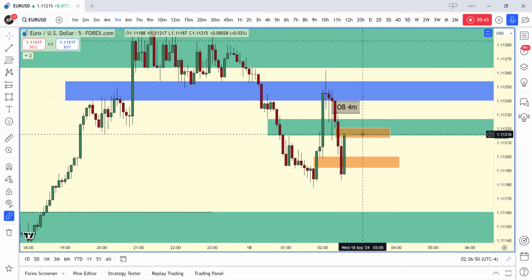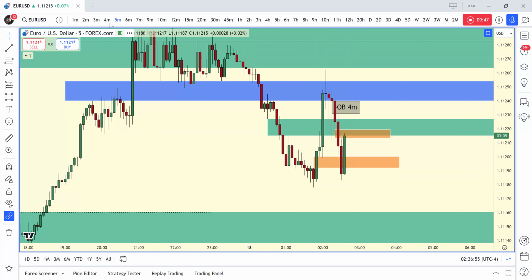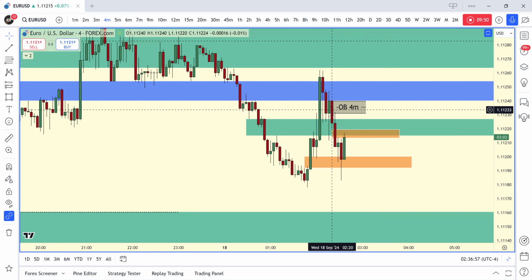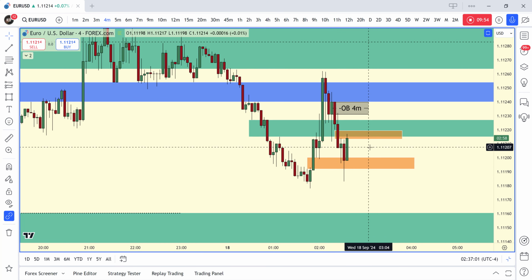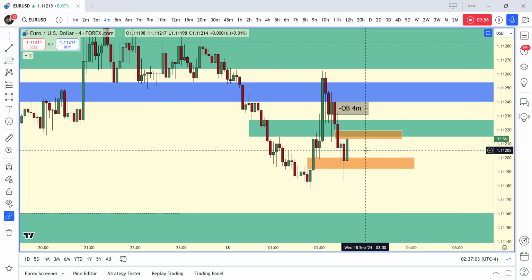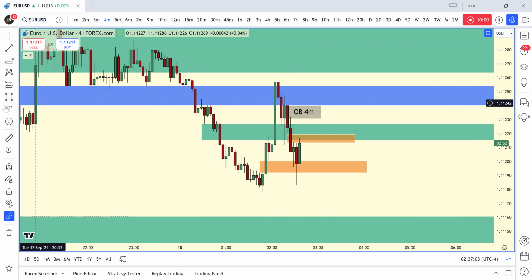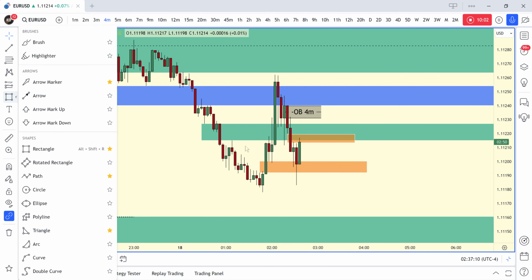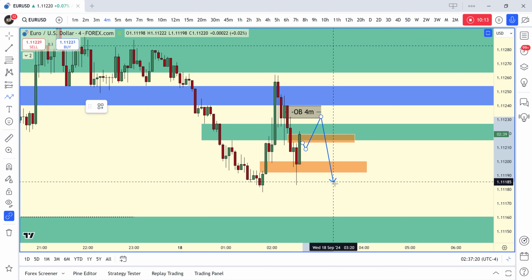So 3 minutes on this puppy. Okay, over here the 4-minute, we had a 4-minute order block. Trade it into that. We do close the 4-minute above. One possibility: create a breaker into this order block and then down.